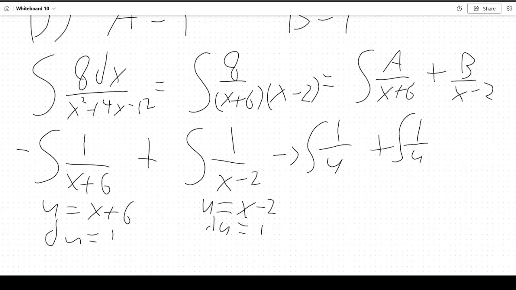So this would be ln absolute value of u, plus ln absolute value of u, plus c. And don't forget the negative from the beginning for the a value, so put negative.